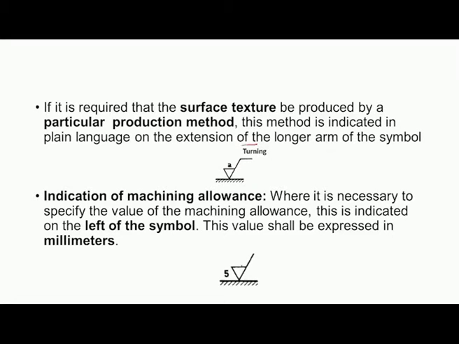What that operation is, is mentioned here, turning operation, and what the roughness value is, that is also mentioned here. And sometimes the machining allowance that is provided on the workpiece is also indicated in the symbol. This is 5 millimeter machining allowance provided on the workpiece.